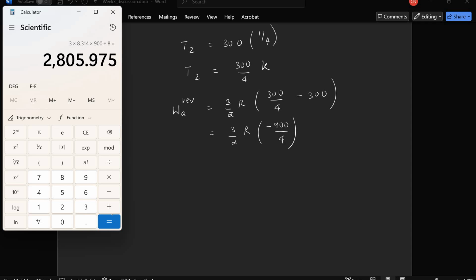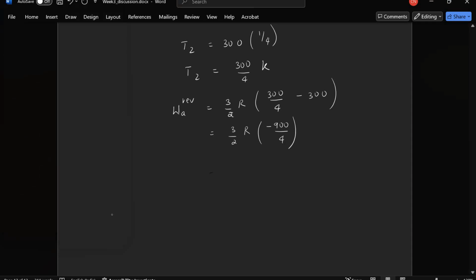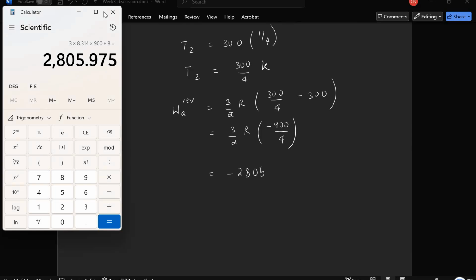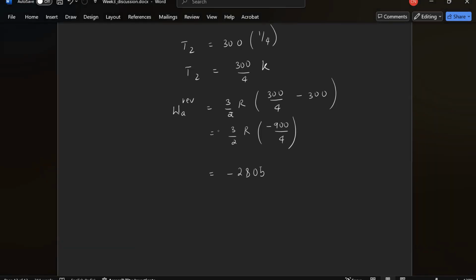So basically we have minus 2808 joules. That is the adiabatic work done for a reversible expansion. Since it's an expansion, the work is going to be negative, which makes sense.